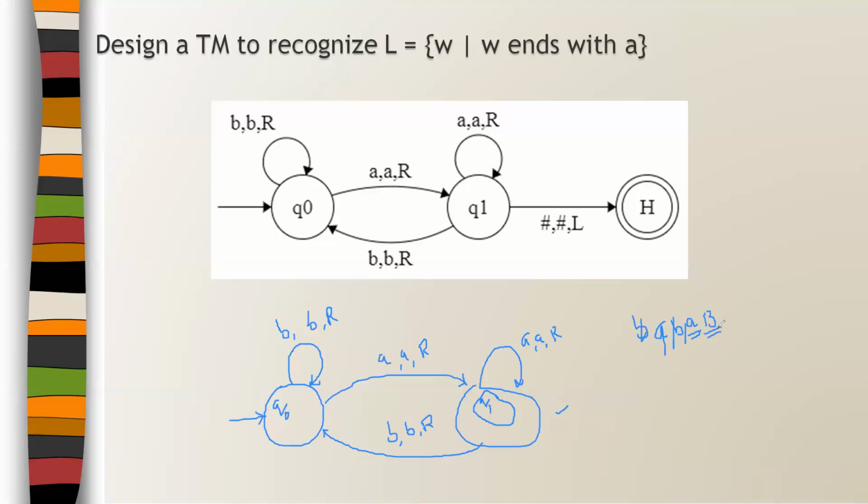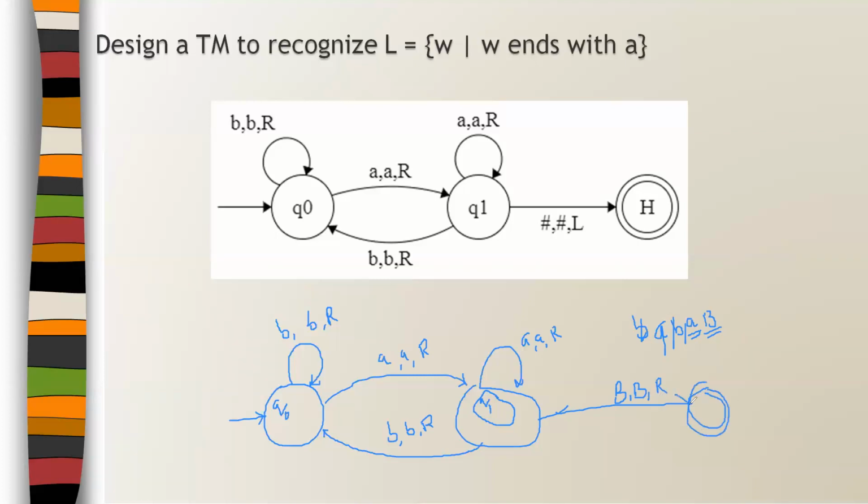It means that we have completed all the input symbols from the tape. So you read the blank symbol from the tape, write blank, and the direction is left or right, whatever, you can write any direction here. And now your machine will go to the final state.